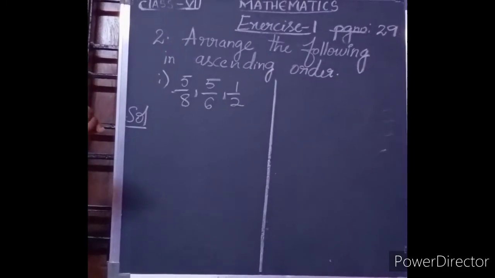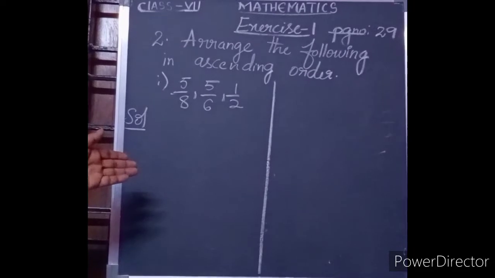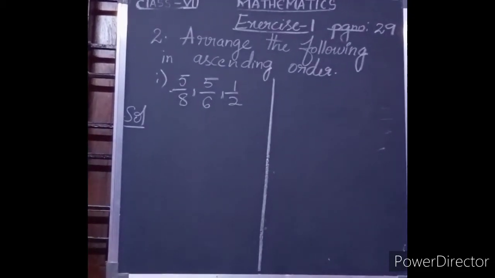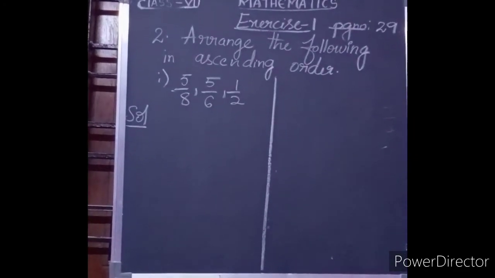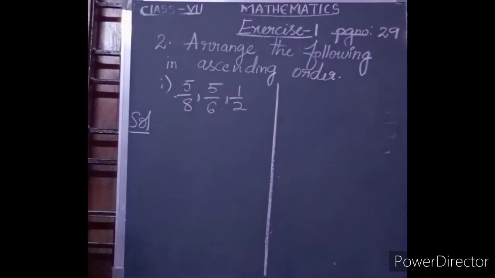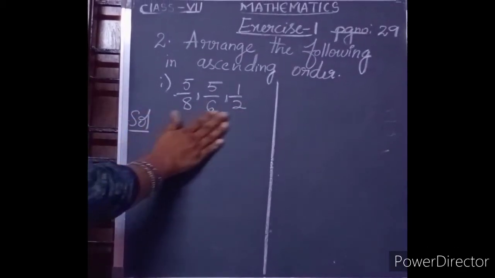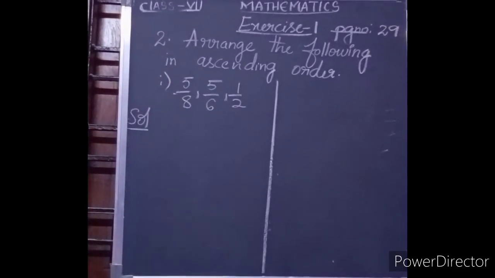First of all, what is ascending order? Yes, small to big, or arranging of numbers from smallest to biggest. Now before that, what are like fractions children? Like fractions are nothing but the fractions which have the same denominators. If the fractions have the same denominators only, we can arrange them in ascending or descending order.